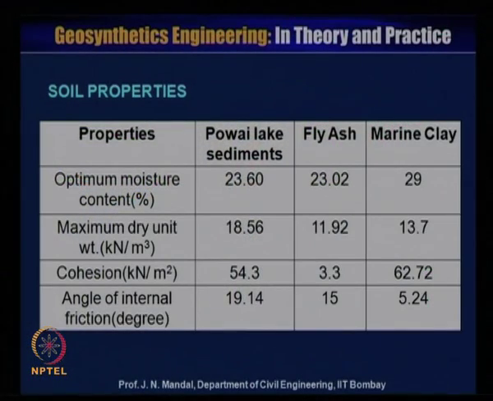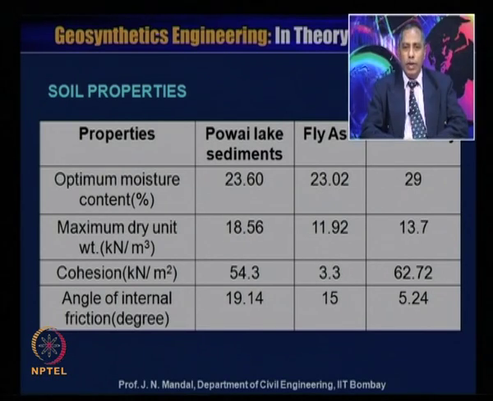The soil properties continue. Optimum moisture content for Powai lake is 23.60%, fly ash 23.02% and marine clay 29%. Maximum dry unit weight for Powai lake is 18.56 kilonewton per meter cube, fly ash 11.92 kilonewton per meter cube and marine clay 13.7 kilonewton per meter cube.